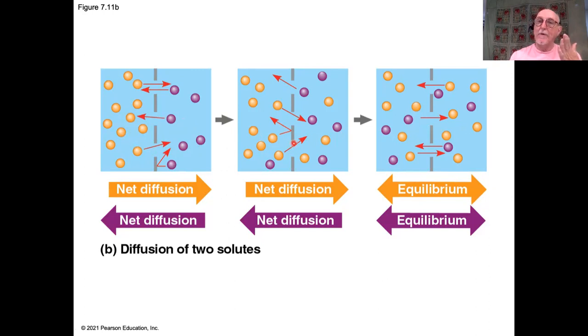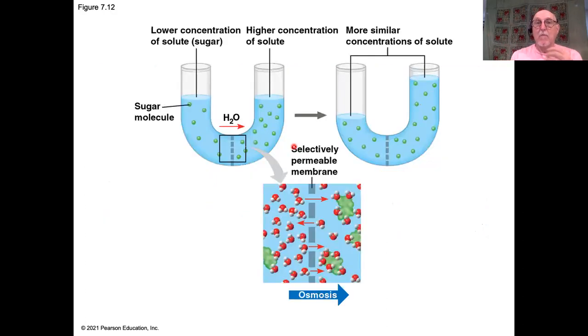This is really important because when we talk about substances in solution, we're talking about two things. We're talking about the solute, the salt or whatever that we've dissolved, but we're also talking about water molecules. And we need to think that there is actually a concentration of water as well. And I'll explain more carefully what I mean.